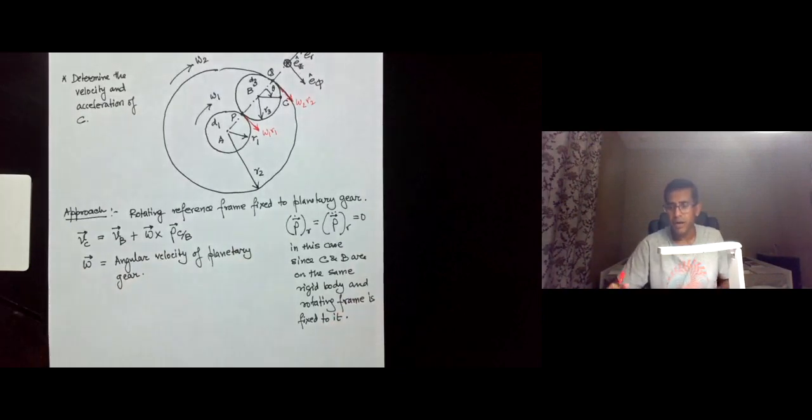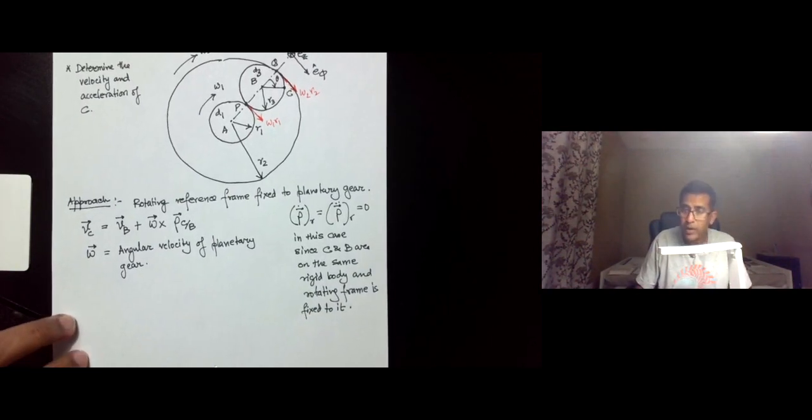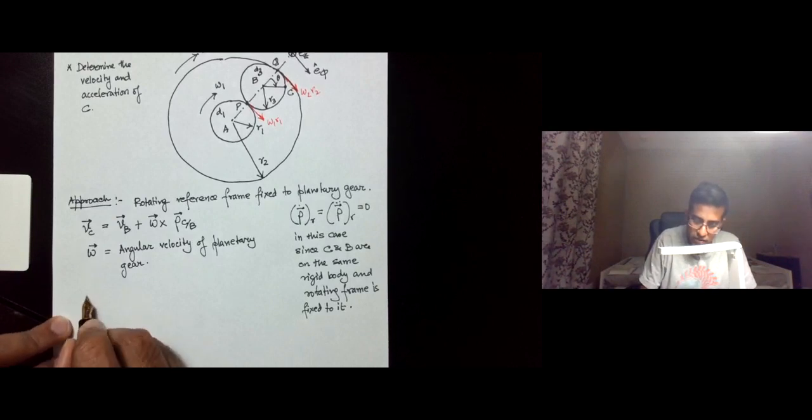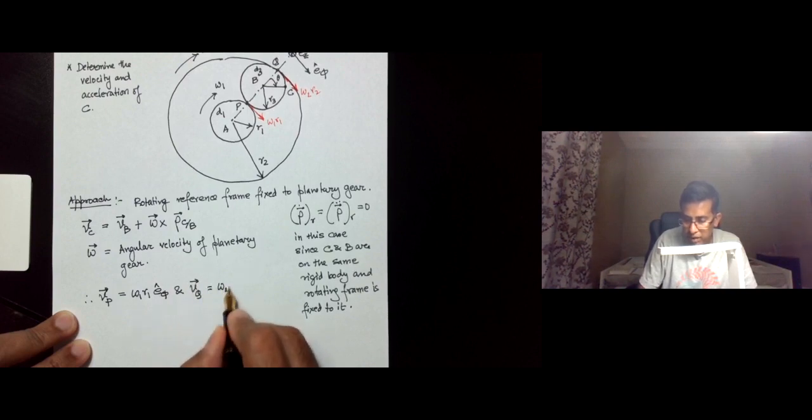So omega 2 r2 is the velocity at the point Q of the planet, and omega 1 r1 is the velocity of the point P on the planet. Therefore Vp is equal to omega 1 r1 in the direction E phi, and Vq is equal to omega 2 r2, again in the direction E phi.